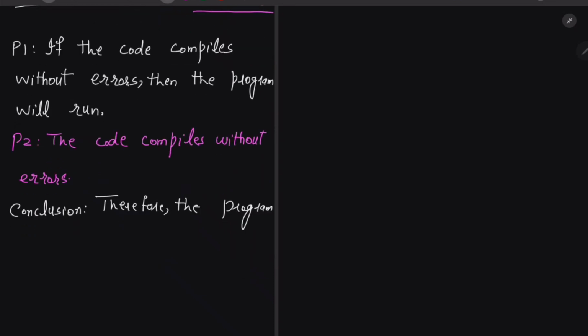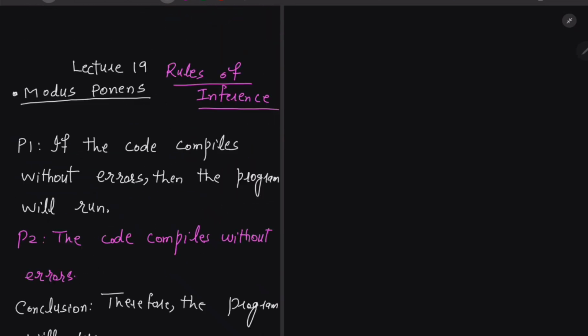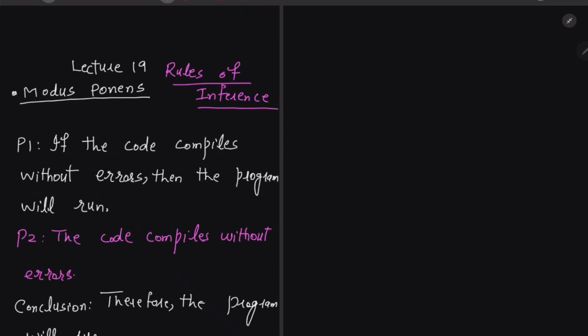The software program that we are talking about will run. So this is example 1 of modus ponens. I will talk about the symbolic way to write modus ponens, and then we will also talk about tautology, how to write the correct statement.